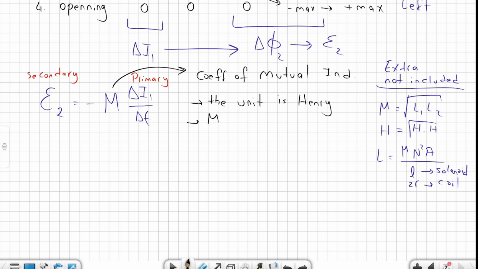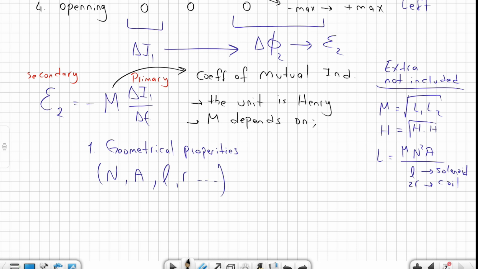We can say that mutual inductance depends on two properties. The first one is the geometrical properties of the coils, like we have in the equation of the L: number of loops, area, length, and the radius, and so on. And we can also say that the number of loops is the most important one, which we'll be studying in section 3.